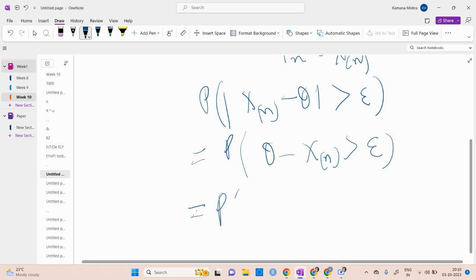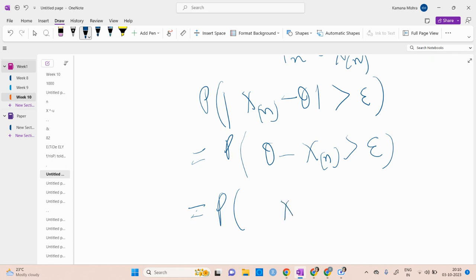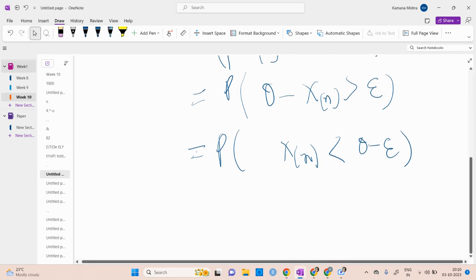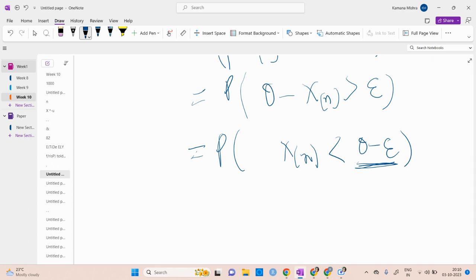So we have Xn less than theta minus epsilon. The probability of anything less than this is the CDF, right? So that means F of capital X. So it will be F of theta minus epsilon.